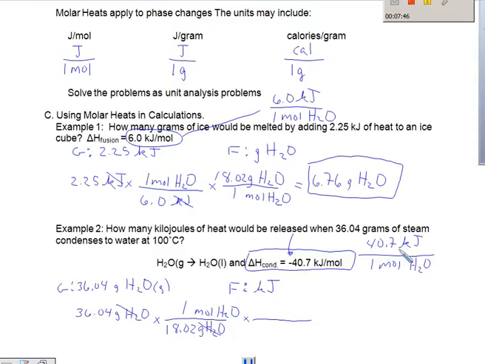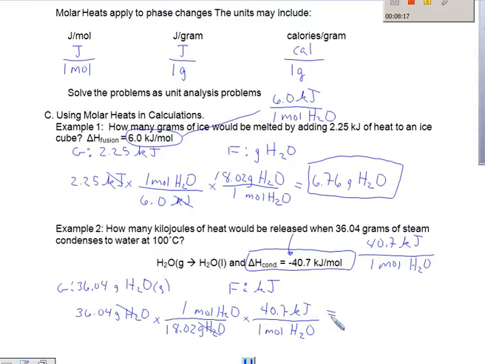Now we can use this as a conversion factor. We're just going to flip the conversion factor over. Well, no, we're going to use it as is, excuse me. So we're going to bring 1 mole of H2O down, and we're going to use 40.7 kilojoules on the top in the numerator.